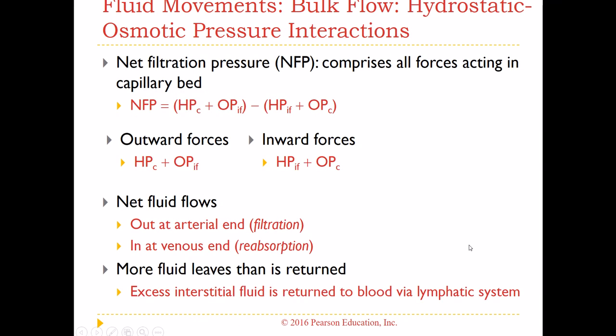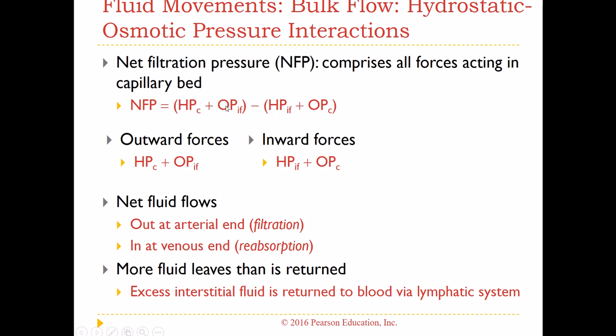And so we have these four forces that are all acting on the fluids in our capillary beds. And so we can calculate what we call a net filtration pressure. We basically look at our outward forces and our inward forces and subtract the inward forces from the outward forces. So we have the hydrostatic pressure of the capillary bed pushing out, and the osmotic pressure of the interstitial fluid pulling out.